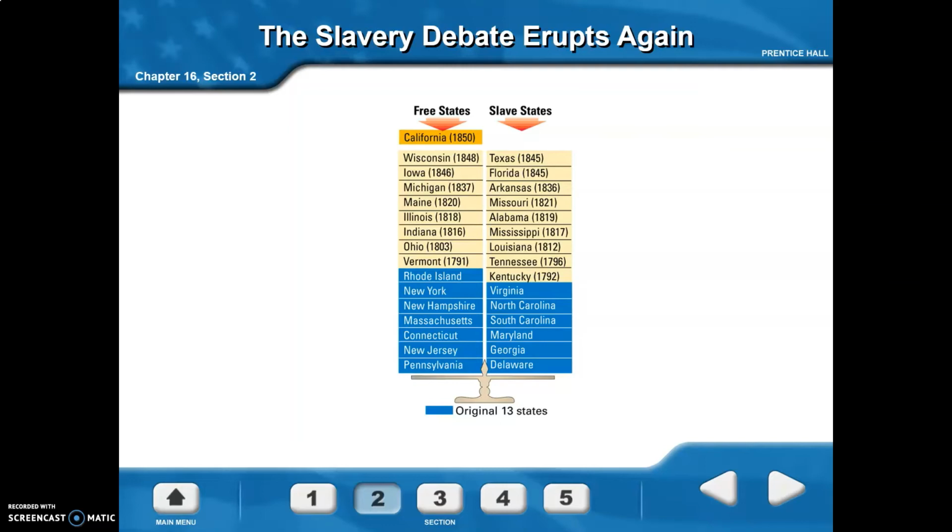The South was loyal to the South. It wasn't just the whole U.S. as a whole. It separated the North and the South. That's very important to know. And this whole debate about slavery and about keeping this balance erupts again when California wants to become a state in 1850. So we're going to go to the next slide.